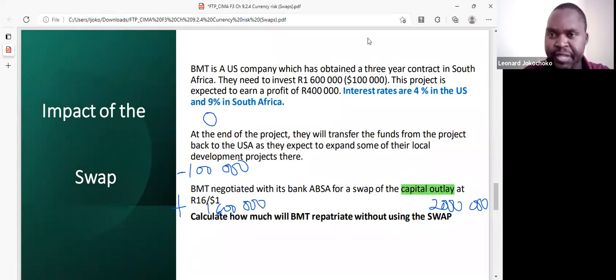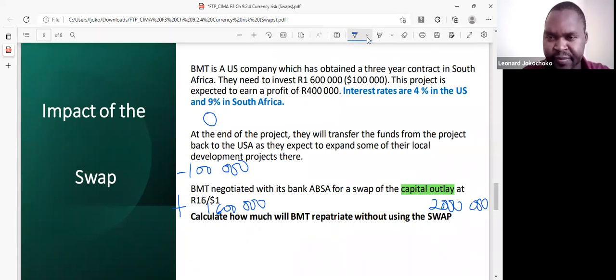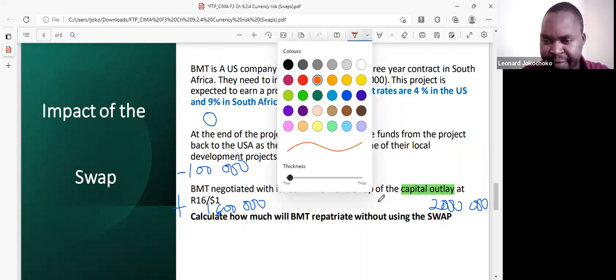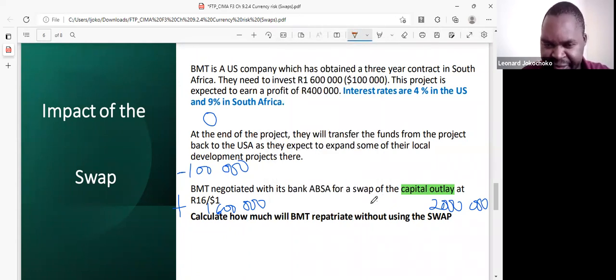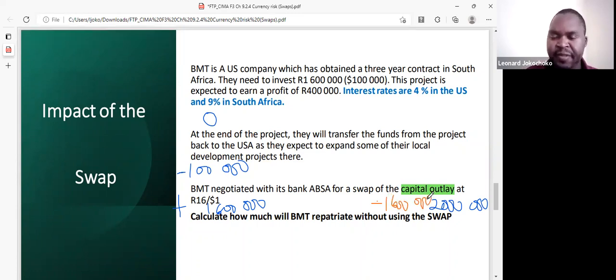Now, BMT has got a swap arrangement with the bank. So under the swap arrangement with the bank, they will pay back 1,600,000. When they pay back the bank 1,600,000, BMT will receive $100,000. In other words, at the beginning, BMT transferred the money to the bank.